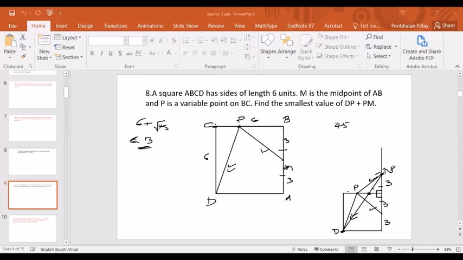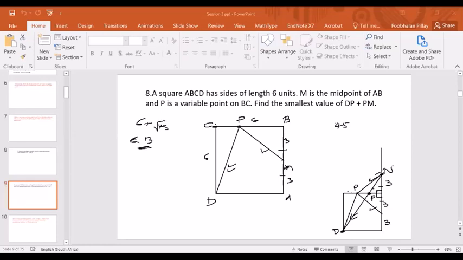The straight line is the shortest distance between 2 points. So if P was here, then this length is shorter than DP plus PN. And if you do this, no matter where P is, you'll always see that the straight line is the shortest between 2 points. So the point P that you're looking for is really here. That point P will give you the smallest possible sum for DP plus PM.